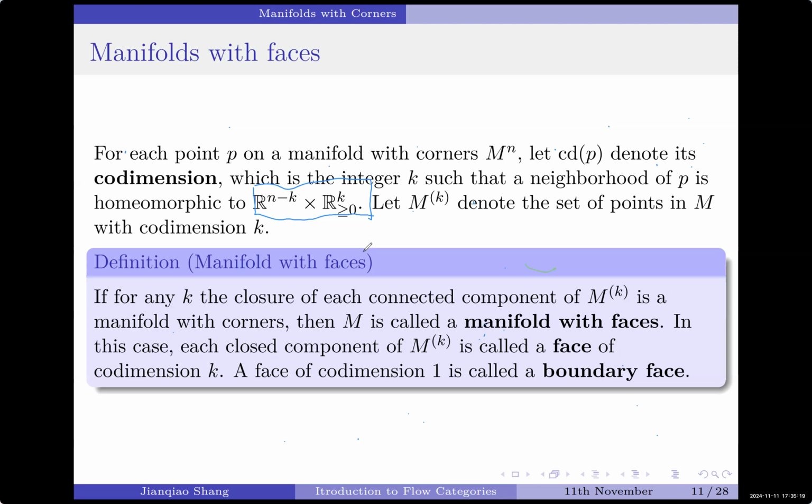Now the definition of a manifold with faces: if the closure of each connected component is a manifold with corners, then it's called a manifold with faces. We call such a component a face, and a face of codimension 1 is a boundary face.